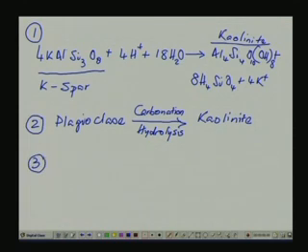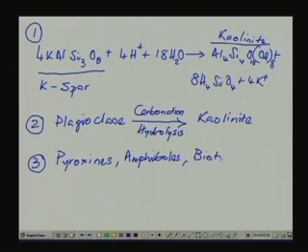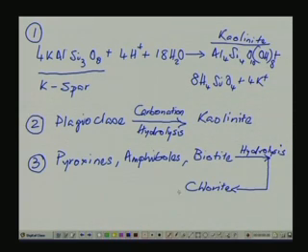In addition to it, pyroxene mineral, amphiboles and biotite upon hydrolysis end up in formation of a mineral called chlorite, and then that chlorite mineral upon chemical weathering leads to the formation of kaolinite.